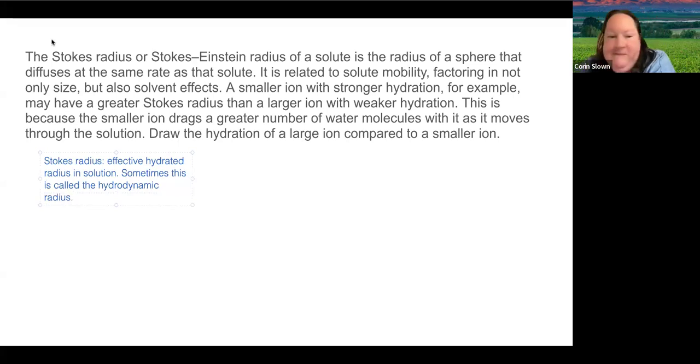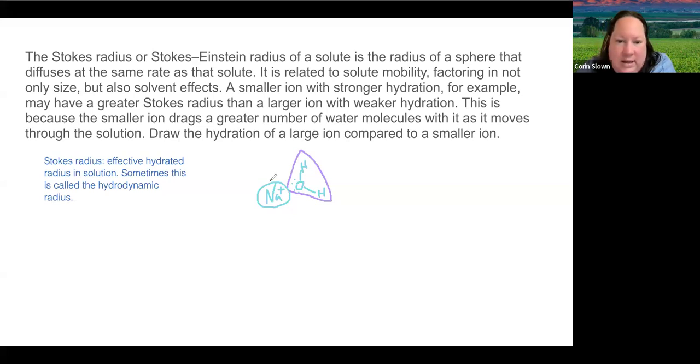Okay, so here's an example. We have a sodium ion, or Na+, and we're going to think about the orientation of water molecules. And we're going to think about the general size and fit of these. So I'm going to approximate this with a triangle.